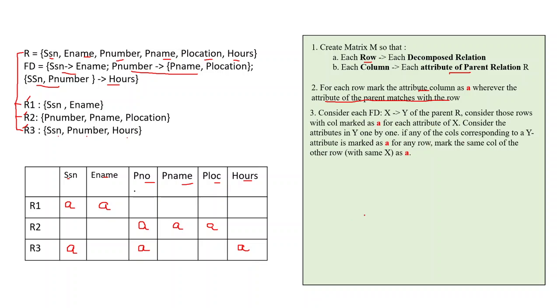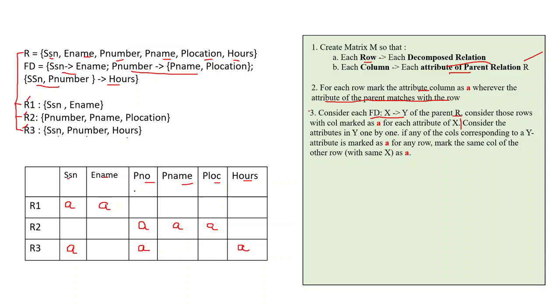Now consider each FD X gives Y of the parent R, and consider those rows with the column marked as A for each attribute of X. We have to consider each functional dependency. Say we consider the first, SSN gives ename.